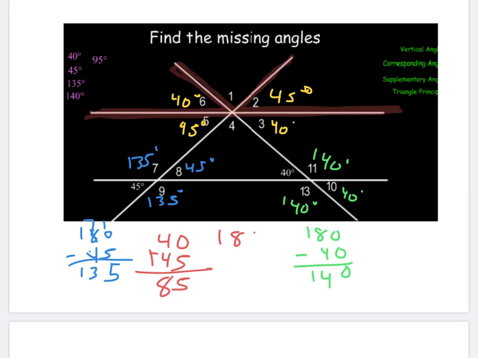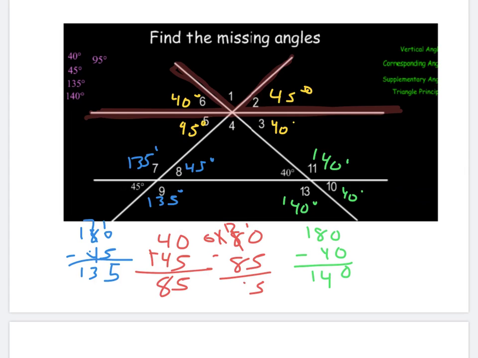So I can take that 180 degrees that all three of them would be together, subtract the 85 that's already been used, and that should give us what we have left for angle 1. So if I subtract, I can't take 5 from nothing, so that becomes a 10. The 8 becomes a 7. So 10 minus 5 is 5. 7 minus 8 I can't do, so I have to borrow. That 7 becomes a 17, and then the 1 becomes nothing.